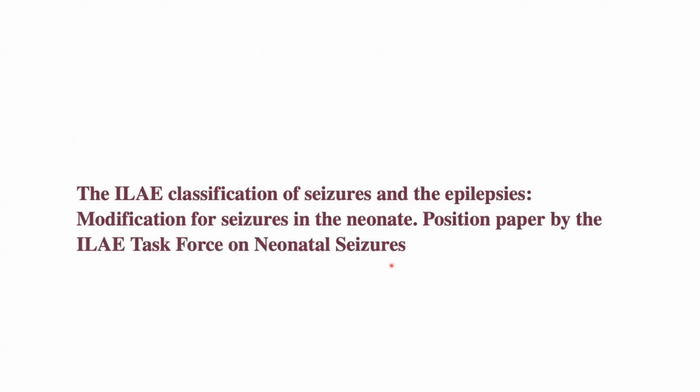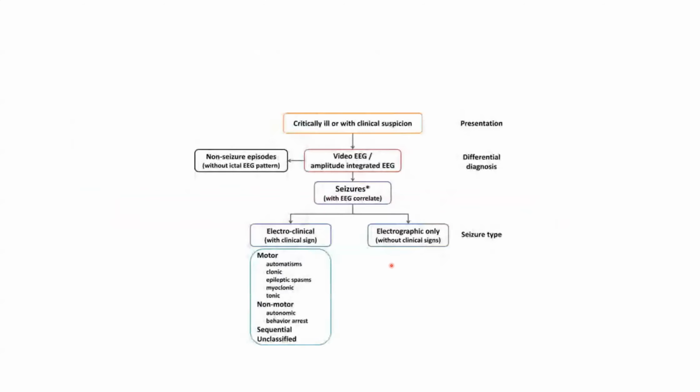So there is an ILAE paper where experts have classified seizures and the epilepsies in the newborn period. This is a position paper by the ILAE Task Force on Neonatal Seizures, just published in 2020. According to them, when you have a critically ill infant with a suspicion of an abnormal movement, you always do a video EEG, and whatever has an EEG correlate only is characterized as a seizure, right?